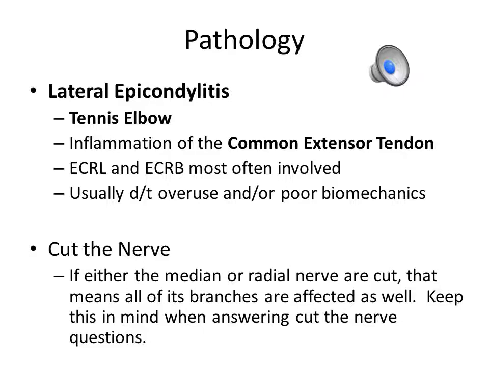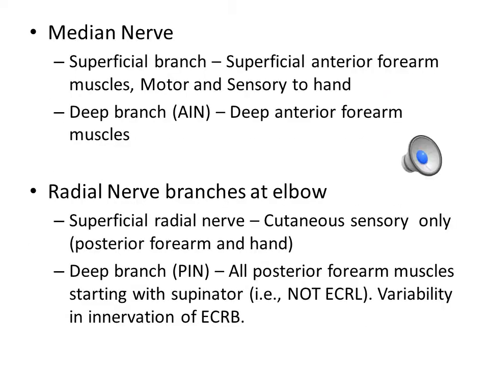Let's talk a little bit more about the median and radial nerves and their branches. If the median or the radial nerves are cut, this means that all of its branches are affected as well. Keep this in mind when answering the cut the nerve questions. The median nerve branches into a superficial and deep branch.